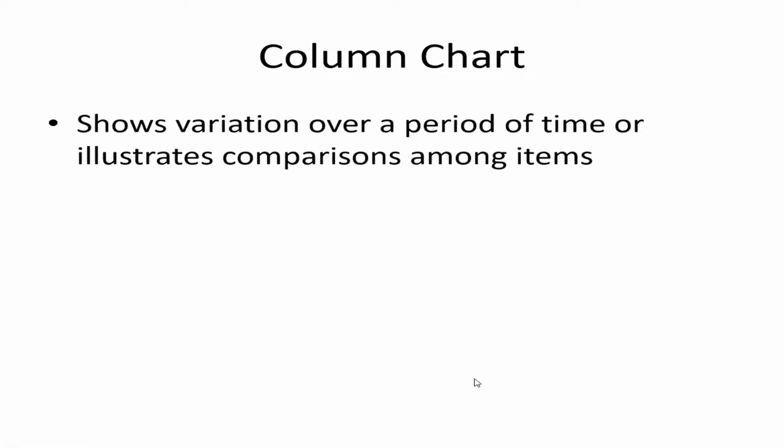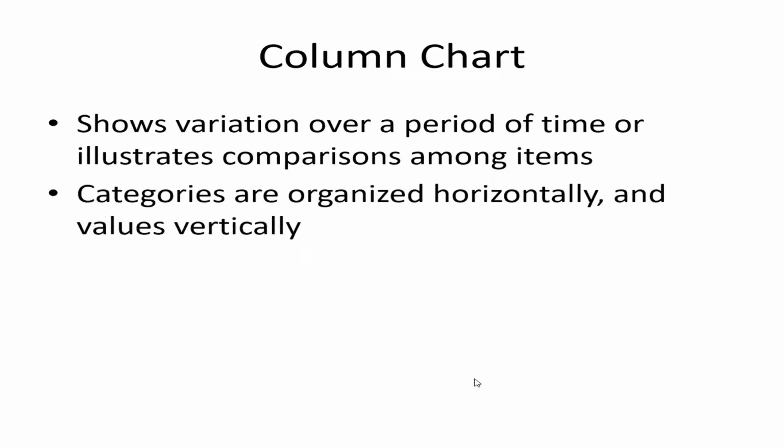What is a column chart? It shows variation over a period of time or illustrates comparison among items. The categories are organized horizontally, which are the names of the regions of the world, and the values are organized vertically.